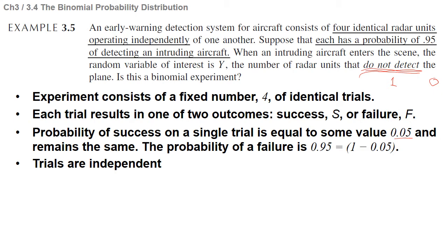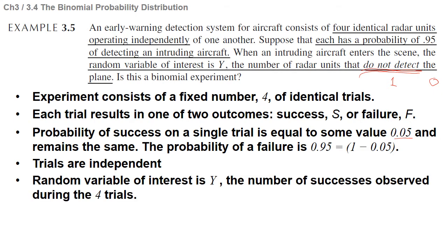Also the trials are independent, and the random variable of interest is y, the number of successes observed during the 4 trials, which is the sum of 4 Bernoulli trials. So as a result, this random variable y follows a binomial experiment. We can say that y follows the binomial distribution with n equals 4 and p equals 0.05.